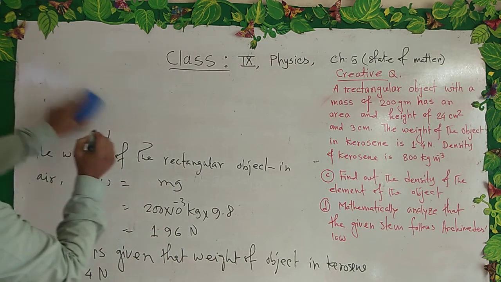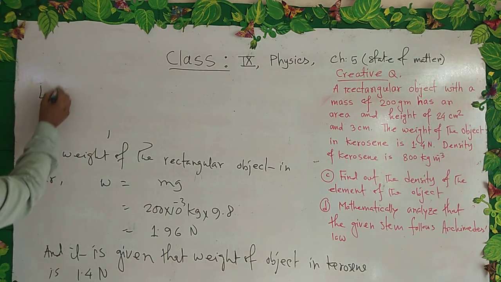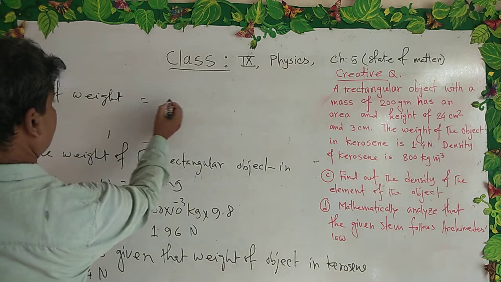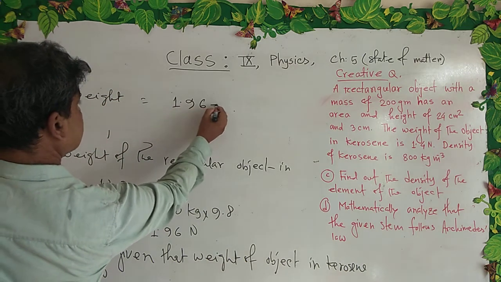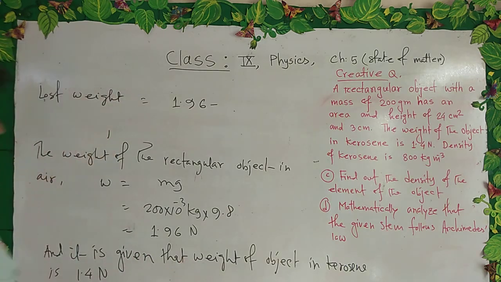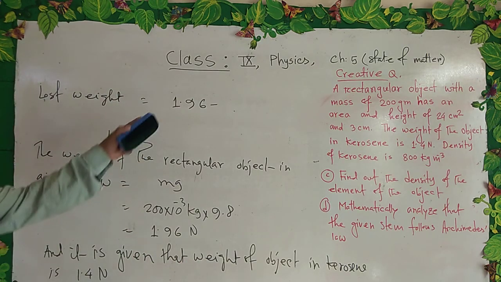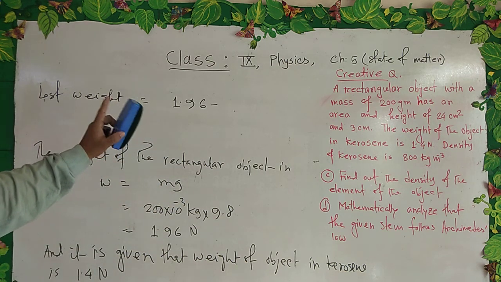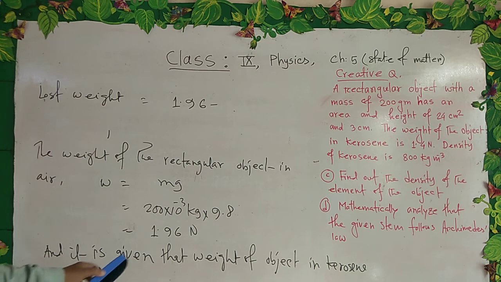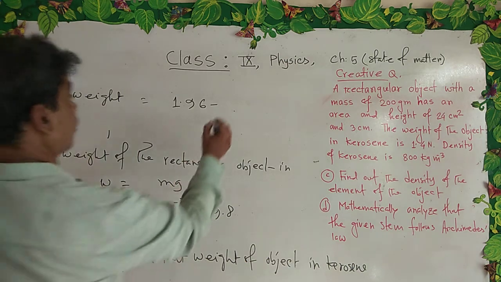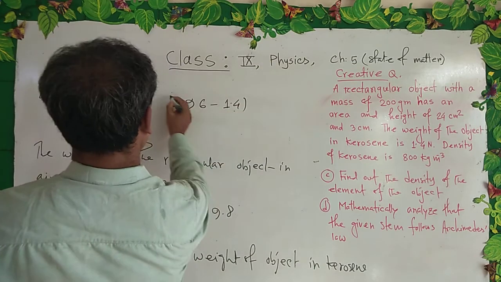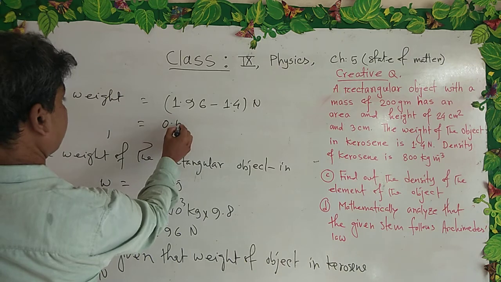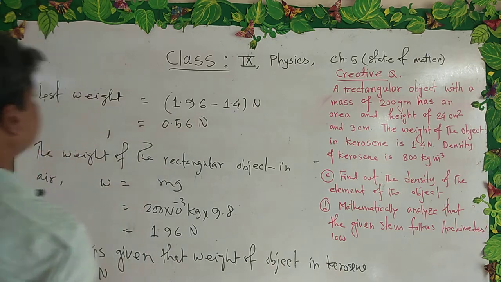So lost weight equals 1.96 minus, what will we write? 1.96 is in air, and from this weight we deduct the weight in kerosene, that is 1.4 Newton. It gives you 0.56 Newton.